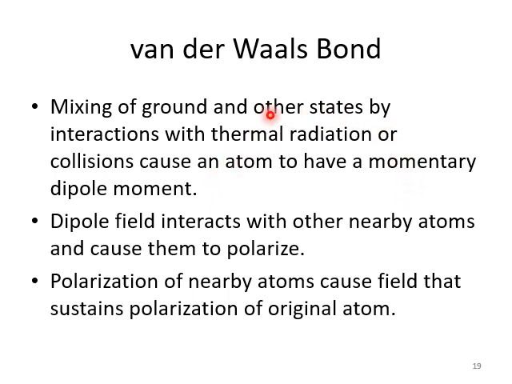So the two atoms are interacting with one another. One of them spontaneously polarized with a weak polarization. It causes the other one to polarize. Then the polarization from this one strengthens the polarization in the first one. And that interaction is an attractive interaction which pulls the atoms together.